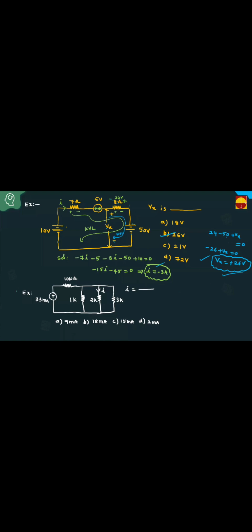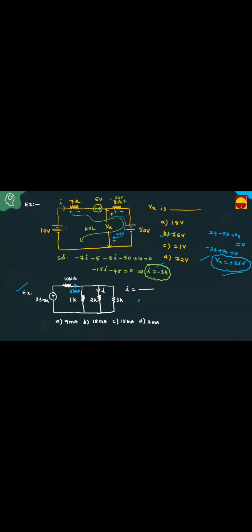Next. Can anybody answer this question? I'm expecting an answer from you. What is the current I? If more number of resistances are in parallel, how to apply current division rule? I told, N number of resistors are connected in parallel. This is 33 milliamperes, means here also 33 milliamperes.